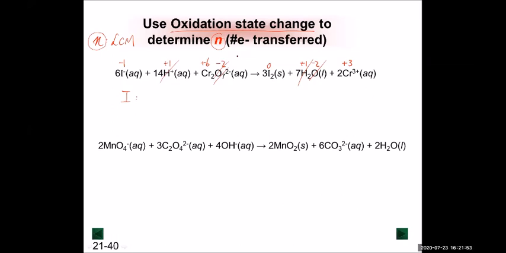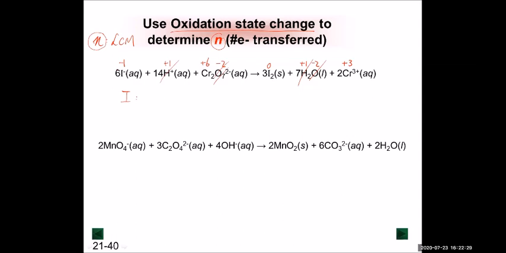So I have a question for you guys. What happened to iodide? Does it lose or gain electrons? Lose. Correct, because the oxidation number increases from -1 to 0, and the electron is negatively charged.